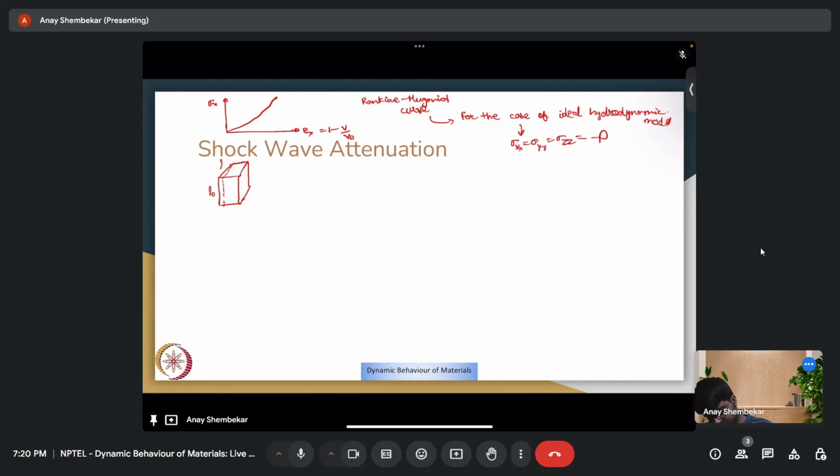So L naught, L naught, L naught, and this portion is L. So your epsilon x is L naught minus L upon L naught. Your epsilon y is equal to epsilon z equals 0 after passage of the shock wave.